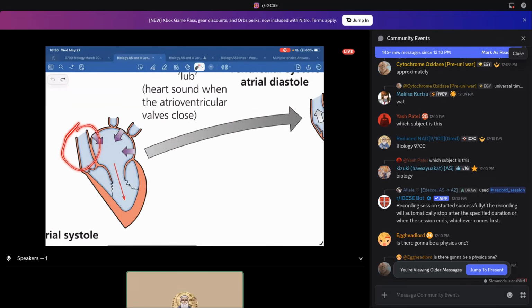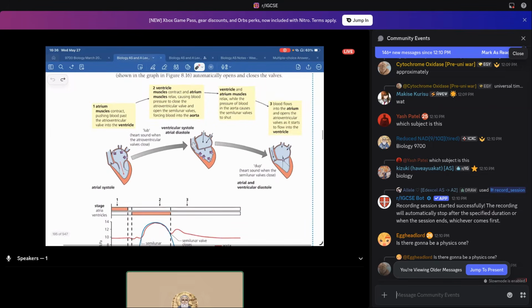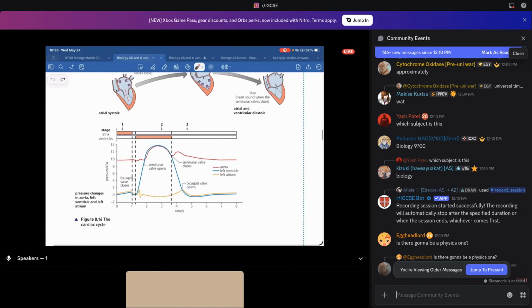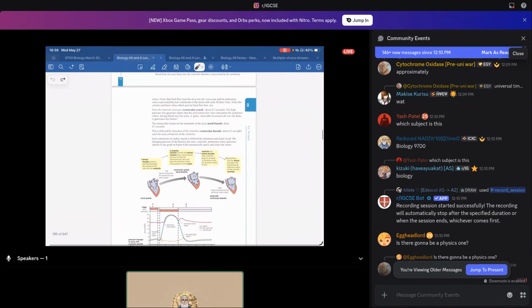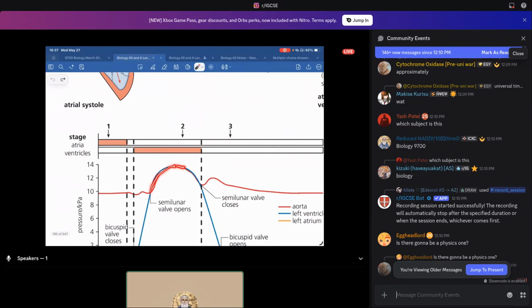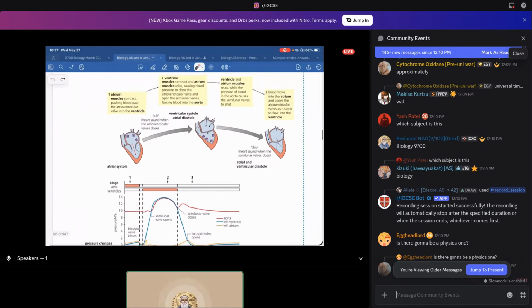But the ventricles keep increasing until they're above the pressure of the aorta or the pulmonary artery. Right here, the semilunar valve opens, and the ventricles are still contracting, and then they go down, they're emptying now.